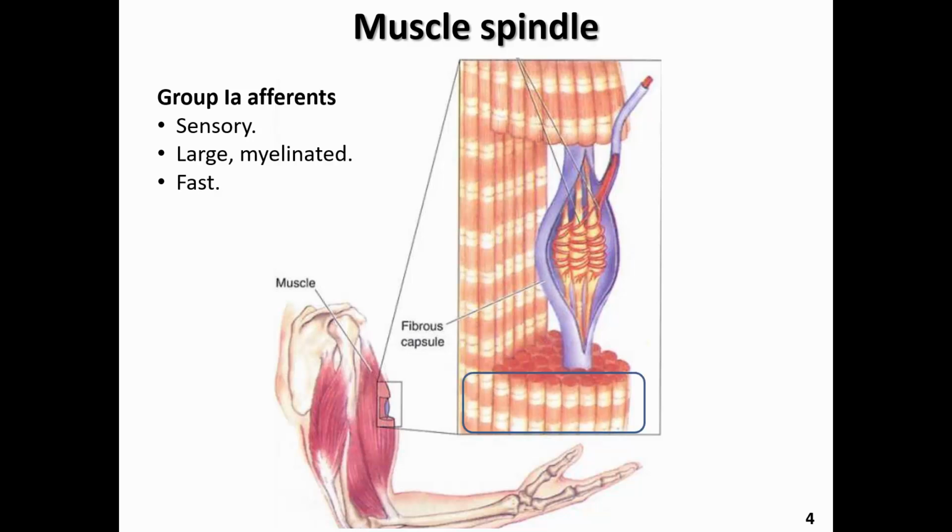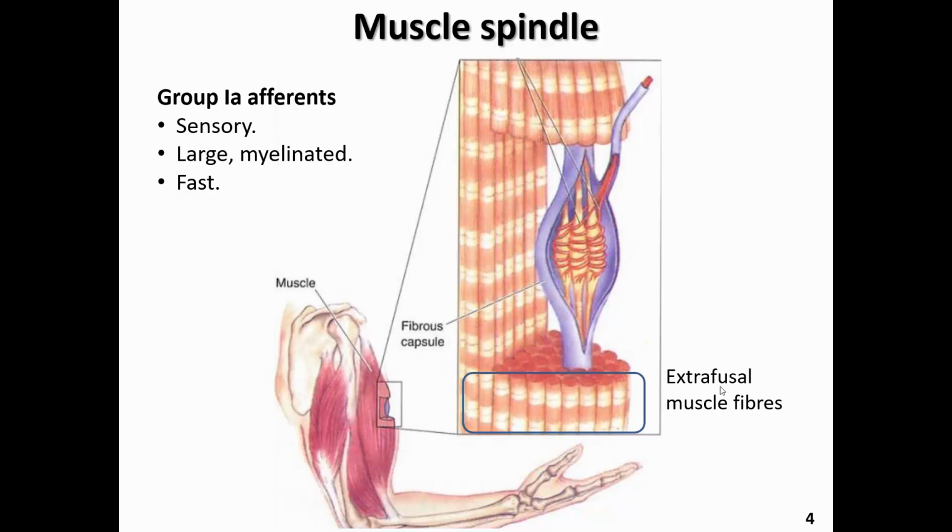If we take a look at the bottom part of the picture, here we isolate one region of the biceps brachii muscle, and the large number of cylindrical shaped cells you see here are what are called the extrafusal muscle fibers. These are the muscle fibers that we typically think about, the muscle cells that produce muscle force.